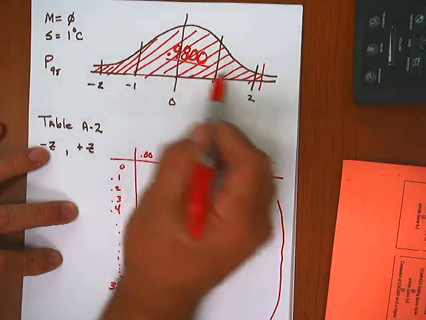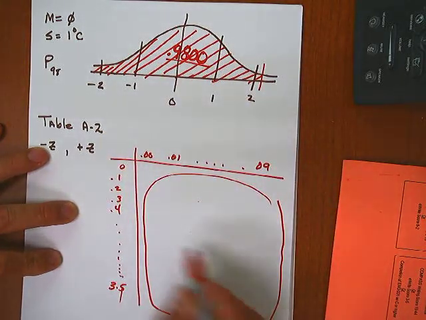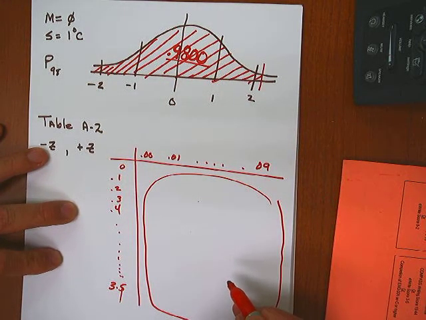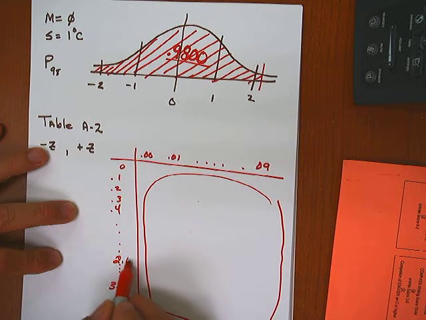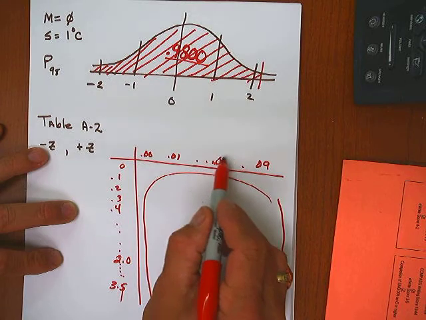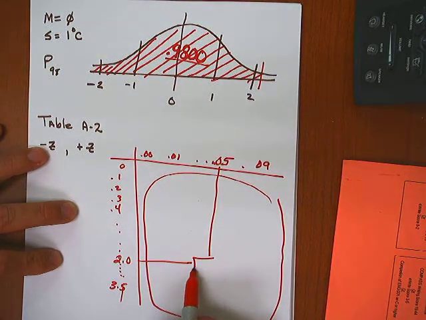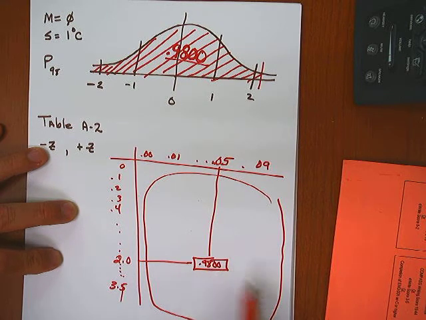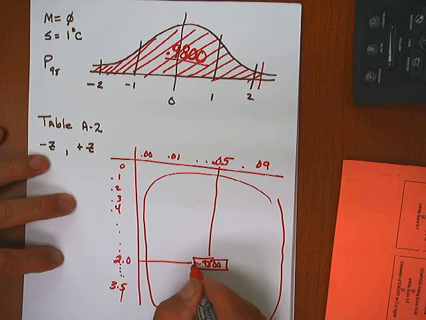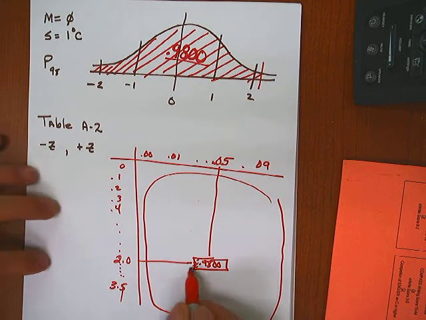And what you need to do is look in this area because it's 4 digits. 4 digits means the body, and you find 0.98. You're probably going to find 0.98 somewhere around 2.05, which is where you're going to find the closest number to 0.9800.